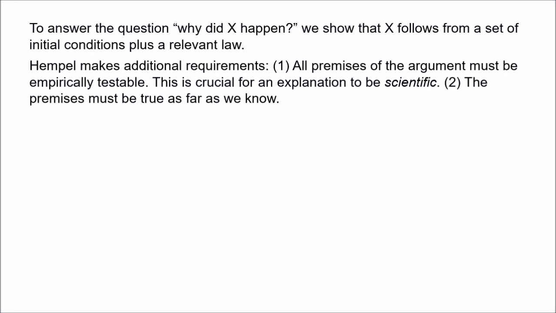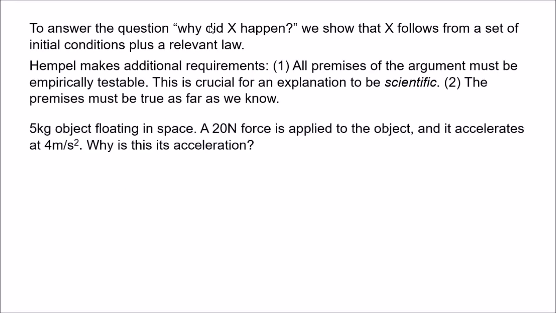So let's take another example, just so we're all clear on how this works. Suppose we have a 5 kilogram object floating in space, and there are no net forces acting on it, and then we apply a force to it of 20 newtons, and the object accelerates at 4 meters per second squared. And we want to explain this acceleration. Why does it have this acceleration?